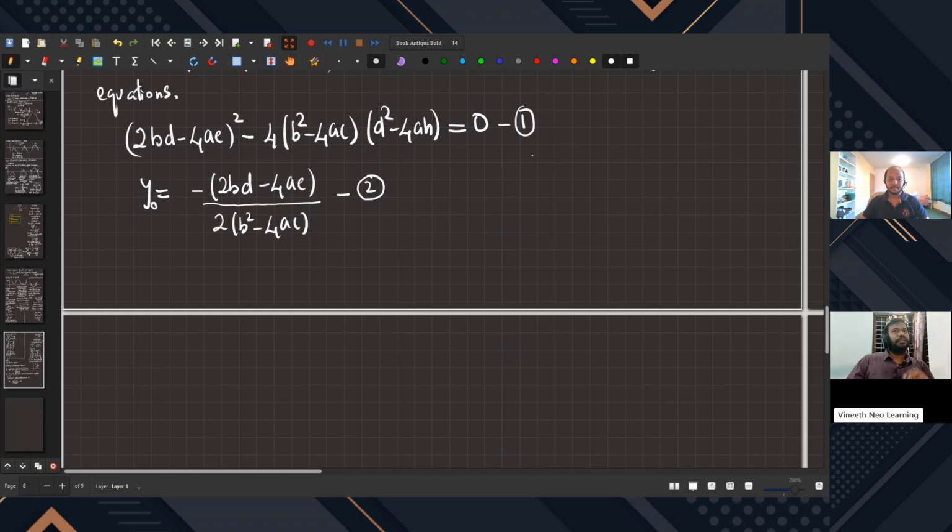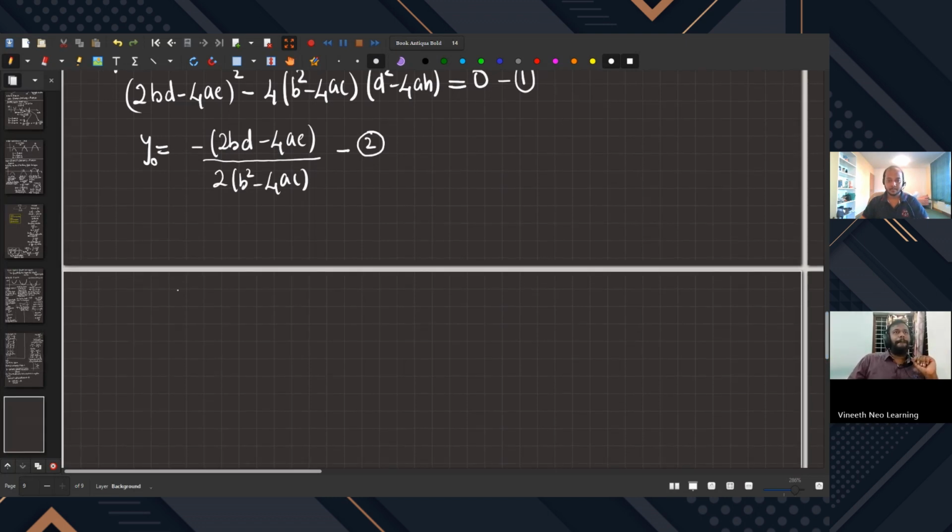From this equation 1, find the value of d squared minus 4ah.